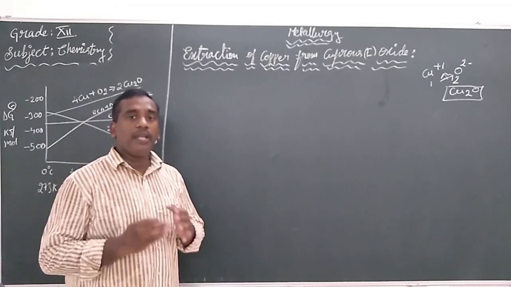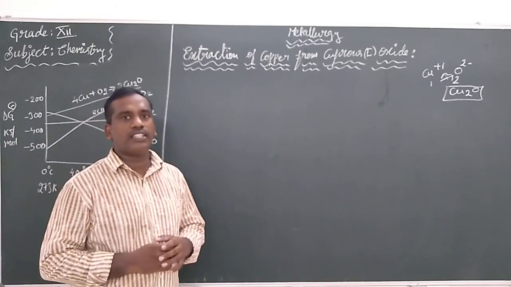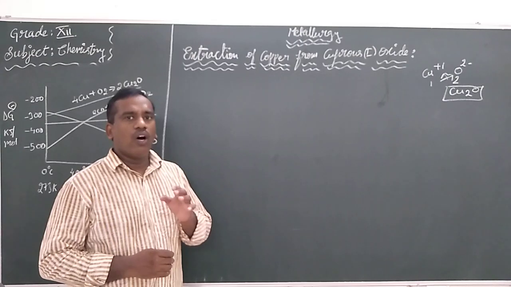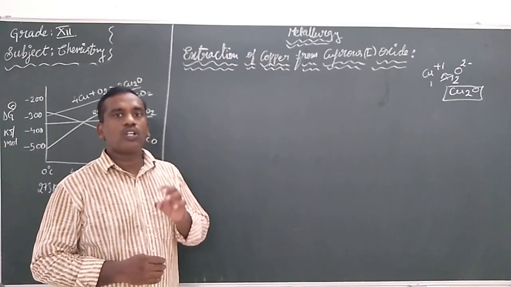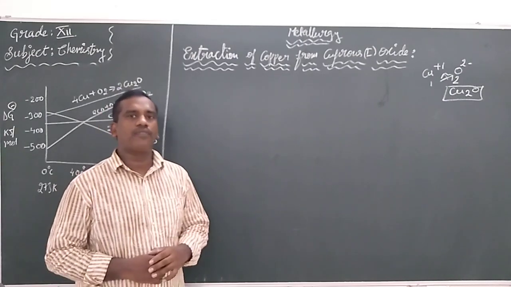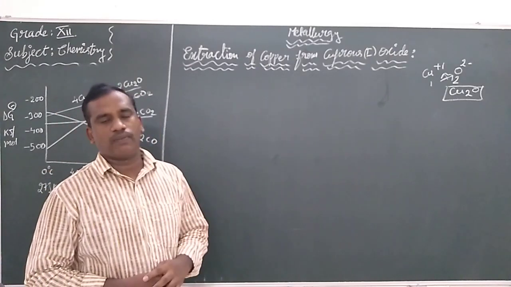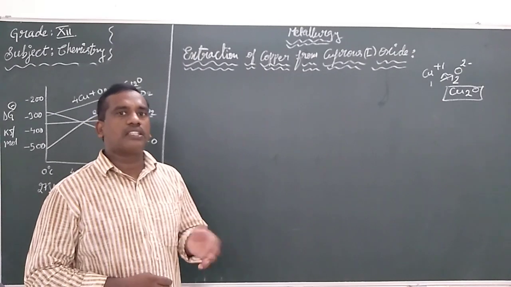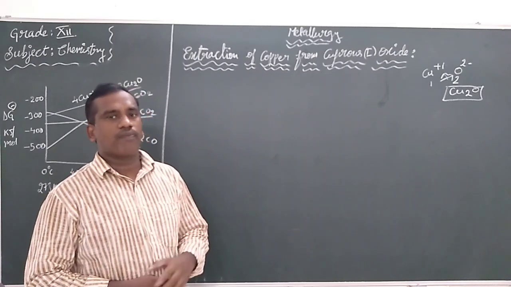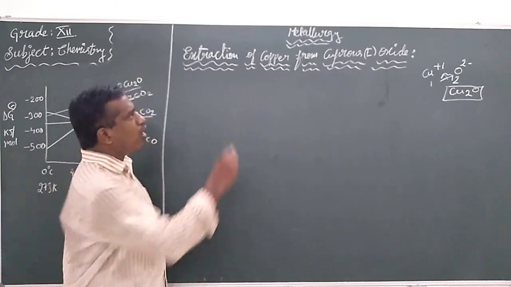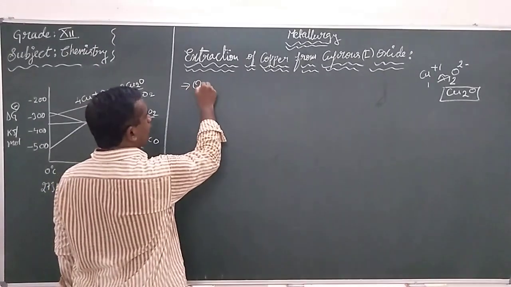But the main point we need to observe here is that copper ore is not obtained in oxide form. It is in a mixed form with sulfur. What is the ore of copper?